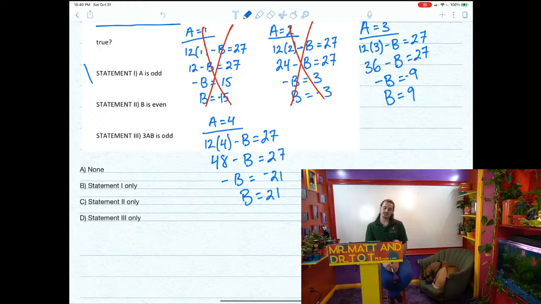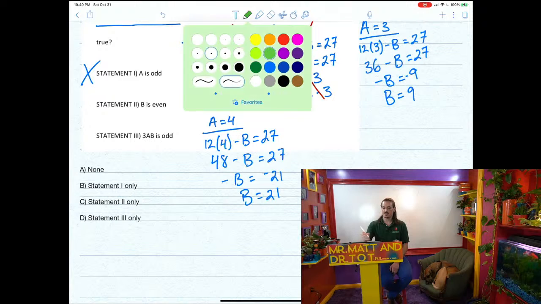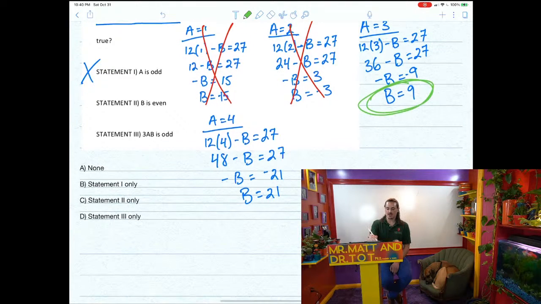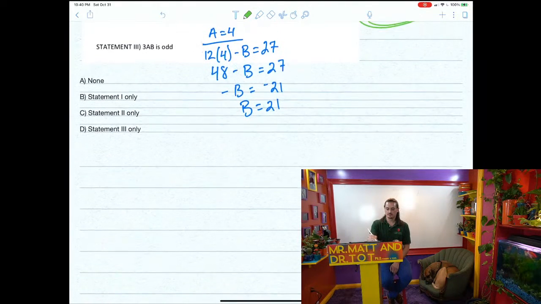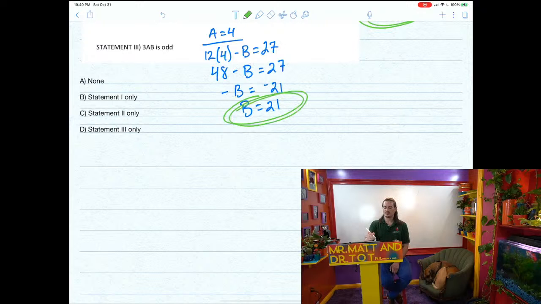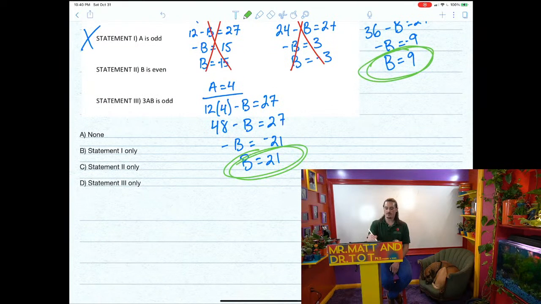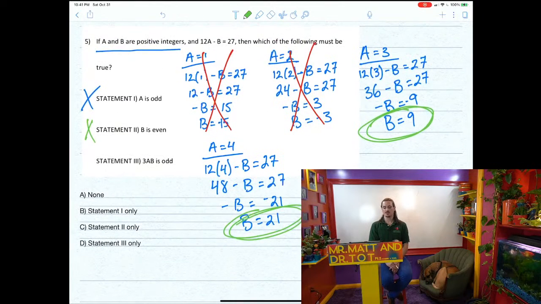And statement 3 says 3 times A times B is odd. Well, what we have here is 3 is an odd number, right? We found out that B has to be an odd number. However, A can be even or odd from this scenario.